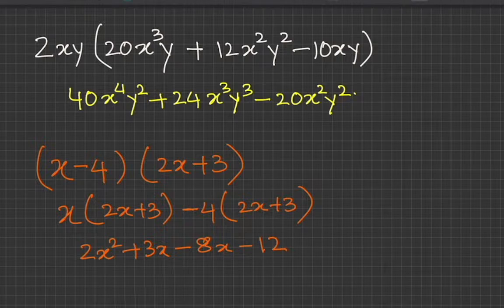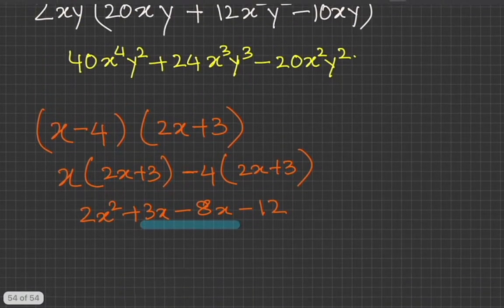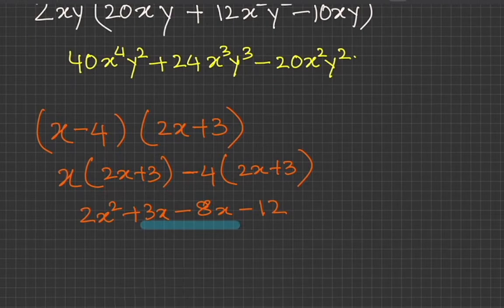Now I have two like terms over here, 3x minus 8x. And 8 has the negative sign and a bigger number. So 2x squared minus 5x minus 12, right? This is your answer.